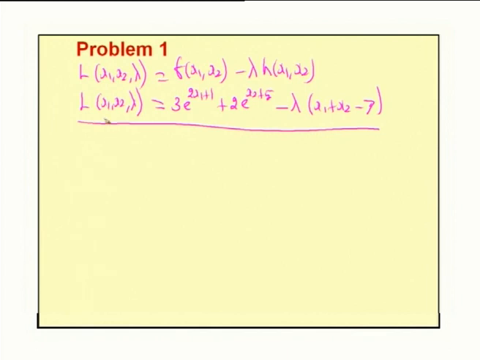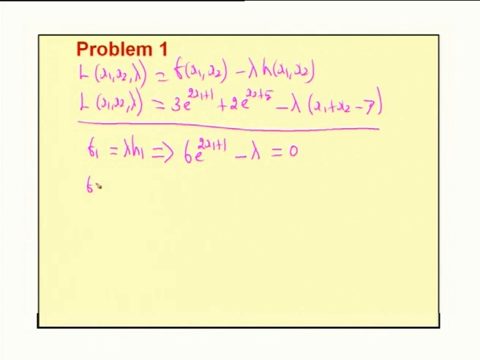Now, the necessary condition for this NLPP is f1 equal to λ h1. That means ∂f/∂x1 equal to λ into ∂h/∂x1. So, differentiating this function with respect to x1, we will get 6 e^(2x1+1) minus λ equal to 0.